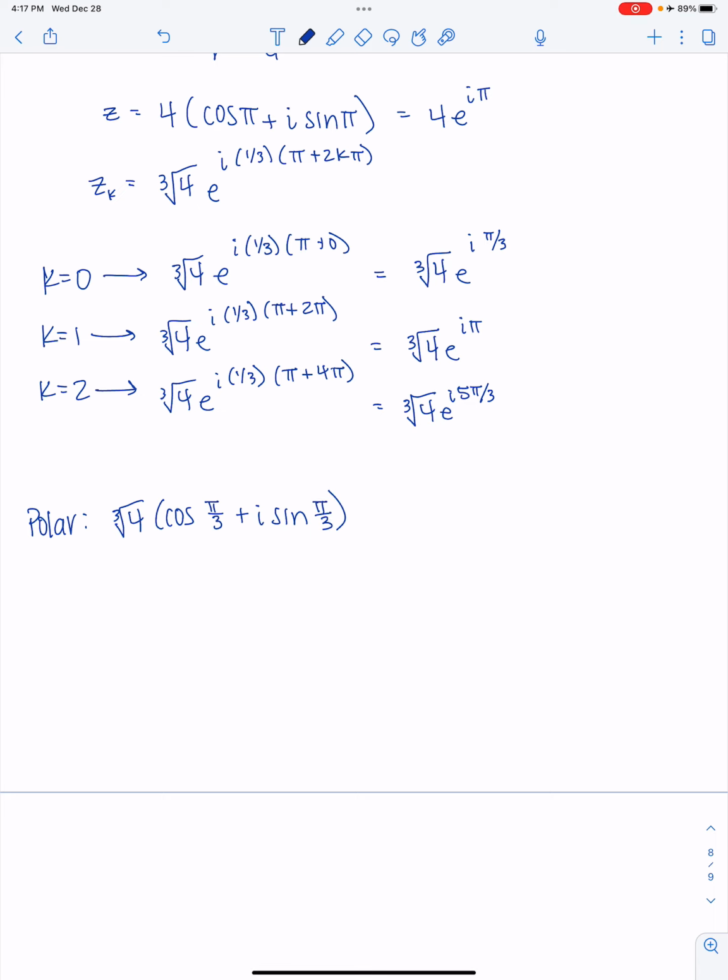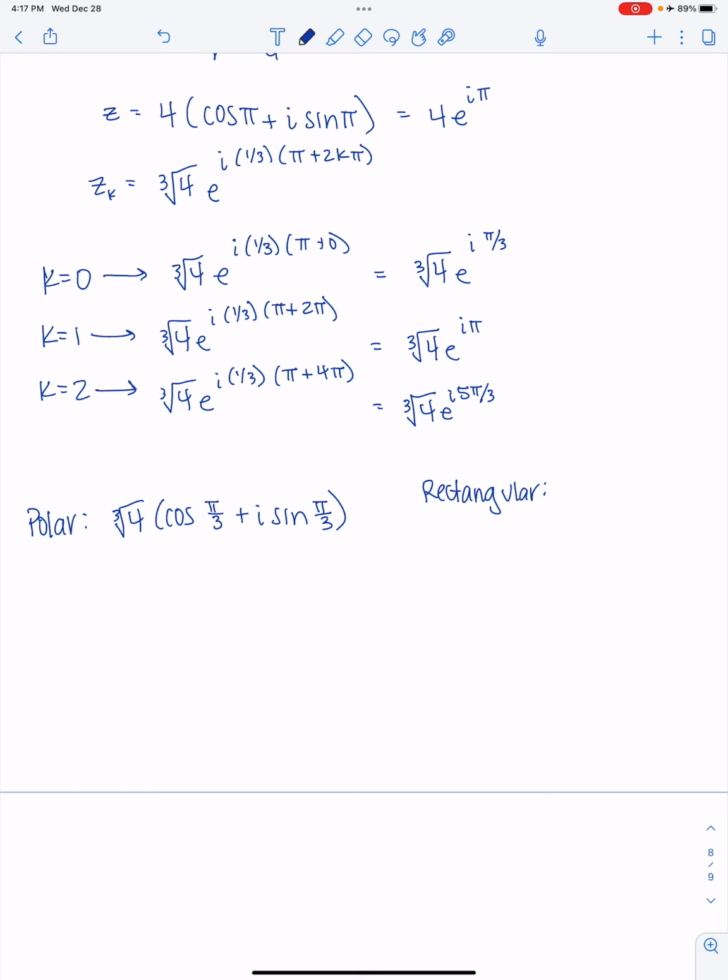And our rectangular, well, we just find out what those are. So the cosine of pi over 3 times the cube root of 4, and the sine of pi over 3 times the cube root of 4.